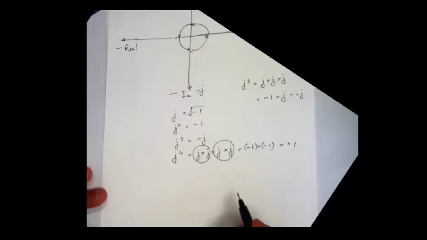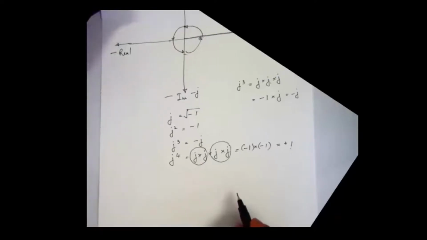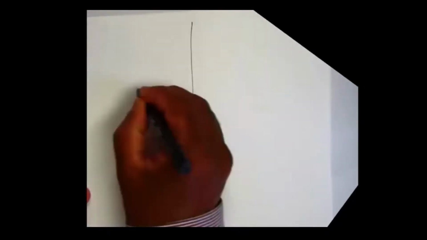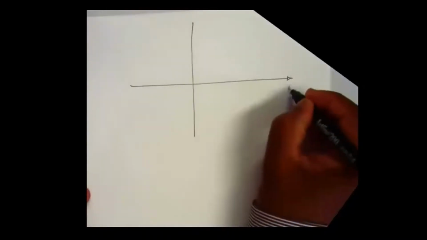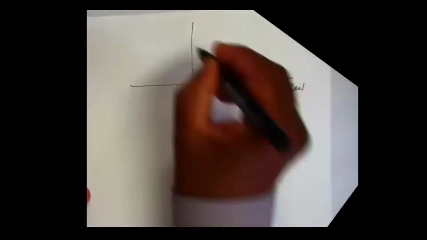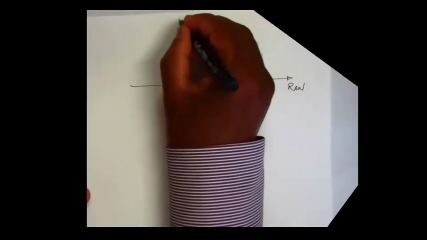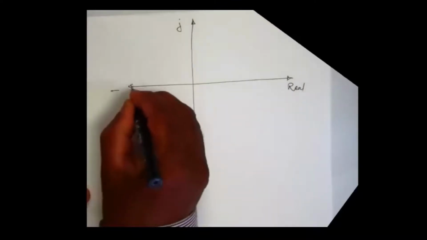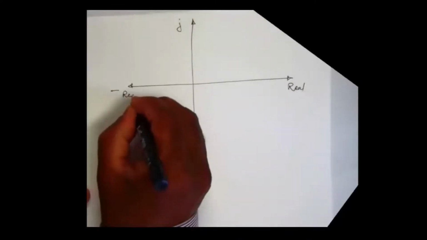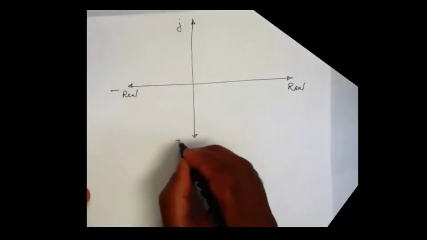Now let's take this Argand diagram and let's see how we can represent a complex number within this Argand diagram. So that's our real axis, that's the j-axis, that's the negative real axis, and that's the negative j-axis.